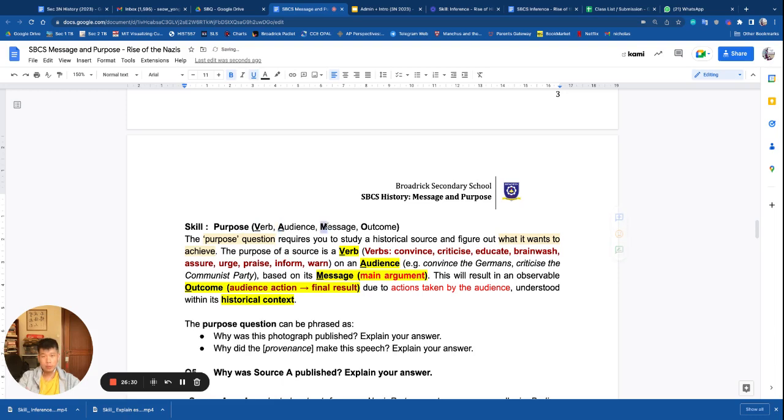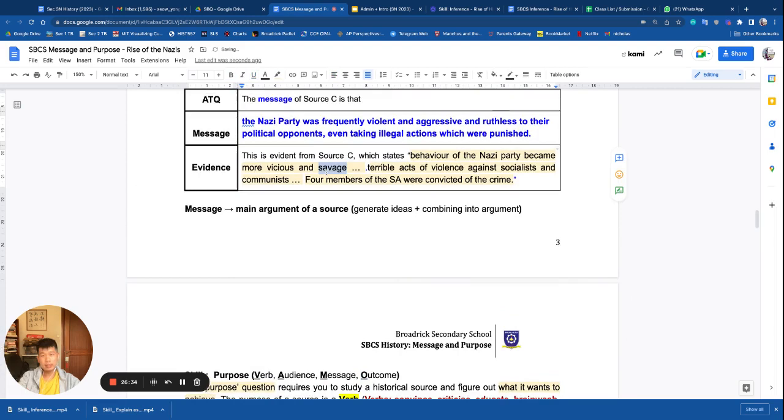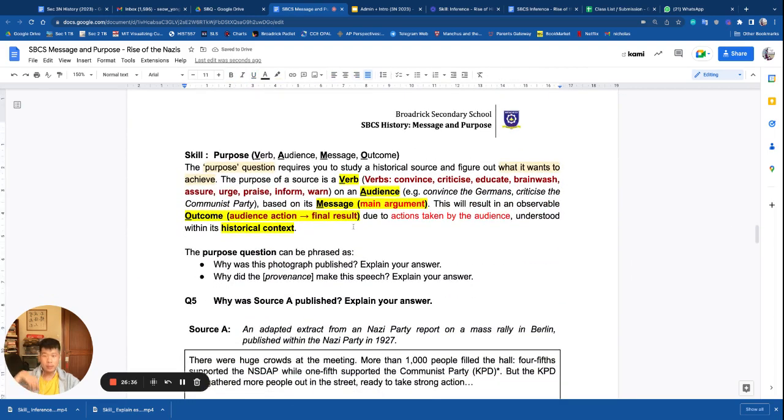Well, we learned in the previous lesson on message that evidence comes right after message. So it is the same thing. Over here in the purpose answers, your evidence comes in after the message. Purpose question. Whenever you see a why was something done question coming out, why did this source, why does this source?